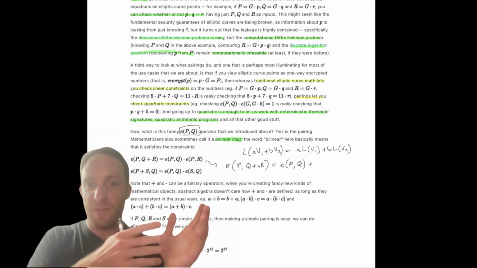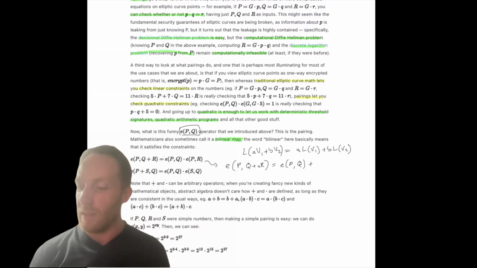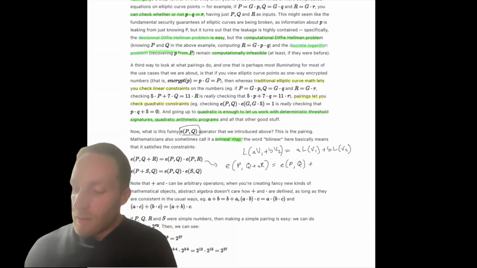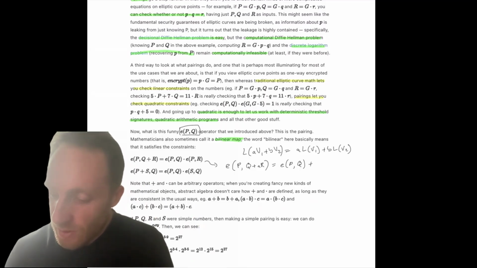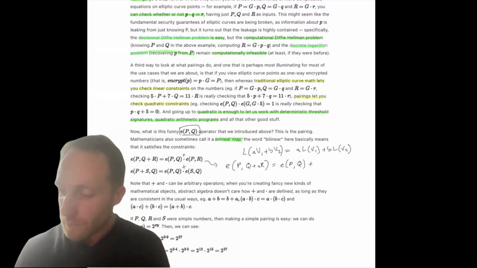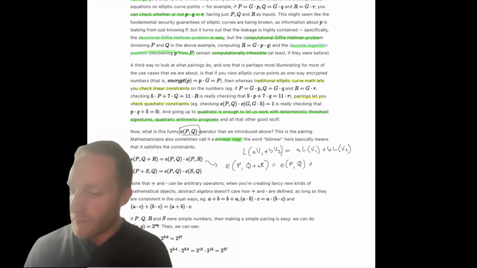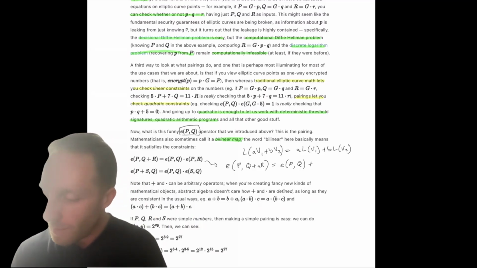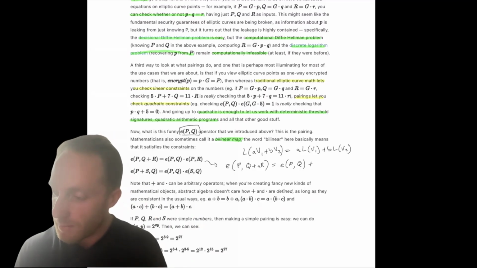You have a plus in the first one, you also have a plus in the other one. So all that to say, you could use a plus here as well. It would also work. But I guess we'll just follow along with his notation. So e(P, Q plus R), I said plus, but I should say times, e(P, Q) times e(P, R).